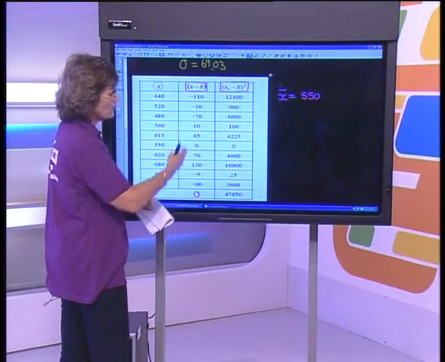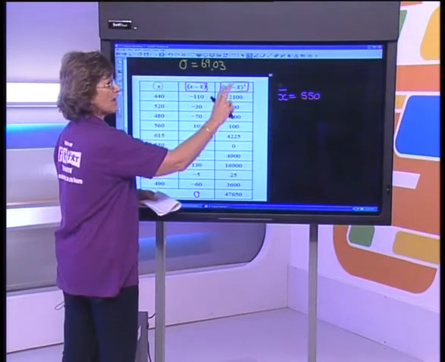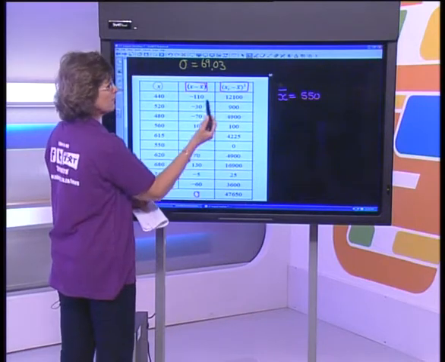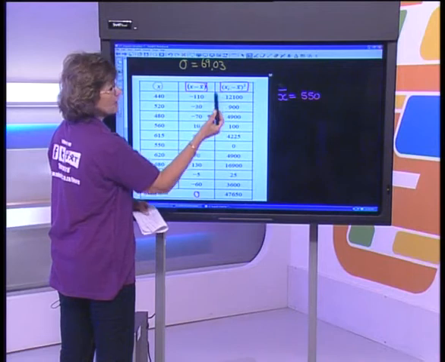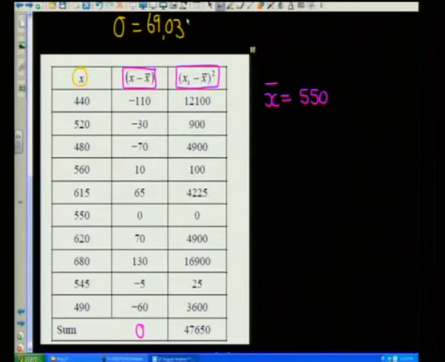So the only way that we can get out of that positive and negative trap is to square. If I take negative 110 and square it, I get that. Negative 30 squared, negative 70 squared, 10 squared, 65 squared. So this is quite easily just that column squared.